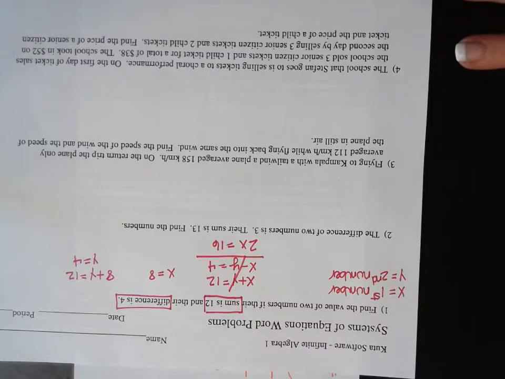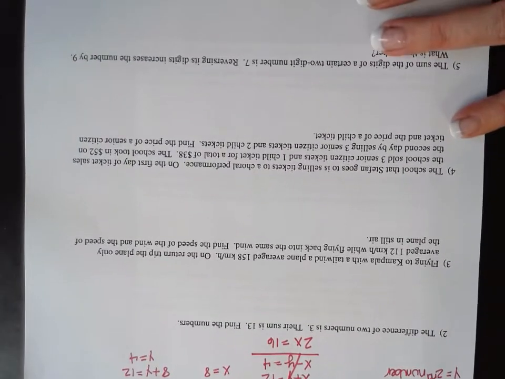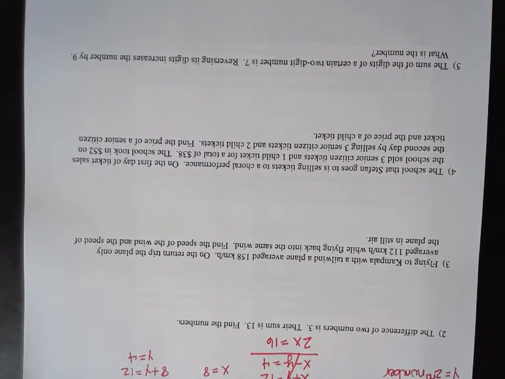Okay, so let's skip to number 3. I'm flying to, how do you pronounce that? Kampala? With a tailwind, the plane averaged 158 kilometers per hour. What does it mean to have a tailwind?